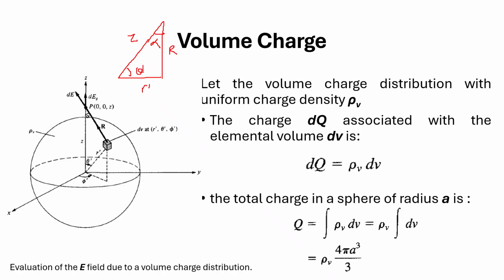Same concept, we have to check what the component of the electric field is. First, the electric field is the resultant component of the electric field at the Z axis and also the electric field at this point. Let's say I assume that here we have a small r. So here we have the component of dE.